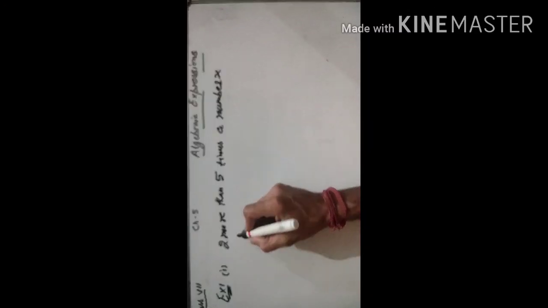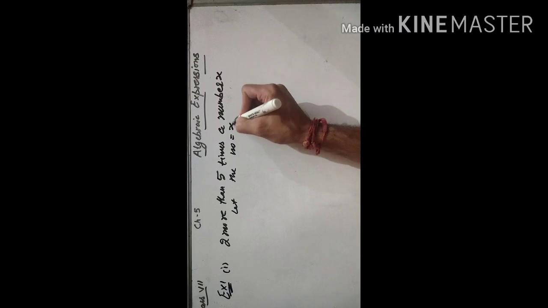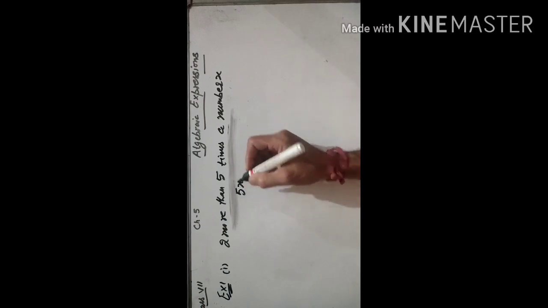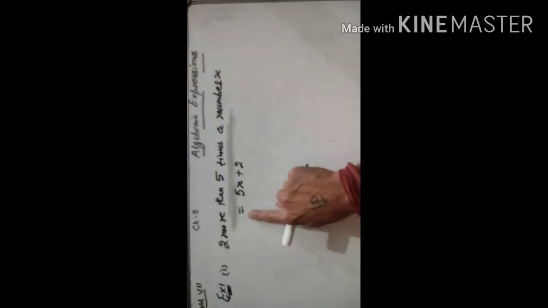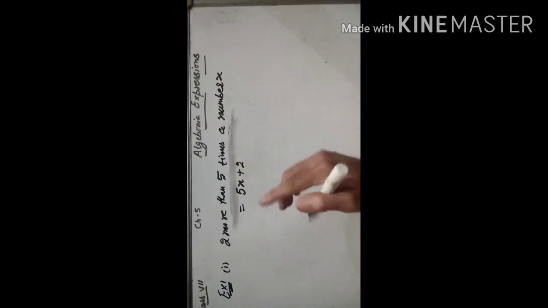That means first of all let the number be x. So 5 times x means 5x. Now 2 more than 5 times x means plus 2. So the expression for 2 more than 5 times a number x is 5 times means 5 into x, more than means plus 2.